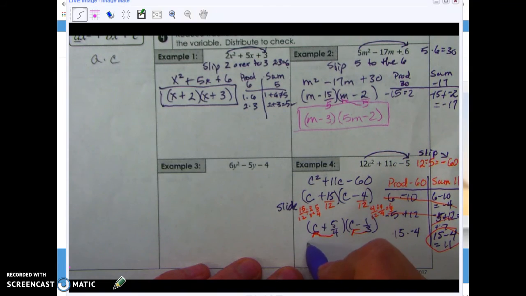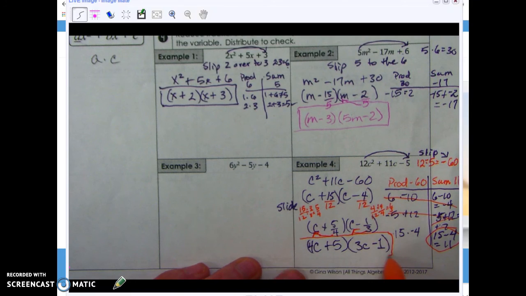So my final answer is going to be 4c plus 5 and 3c minus 1. And there it is.